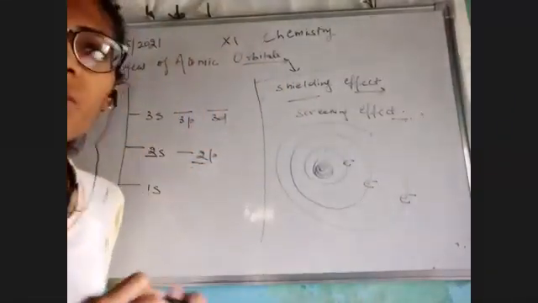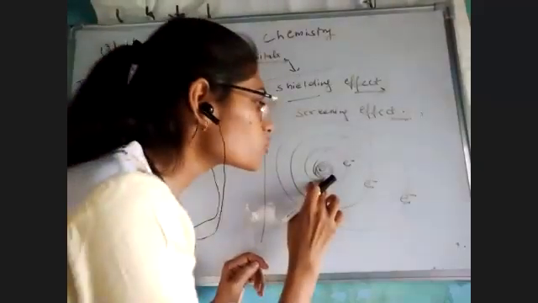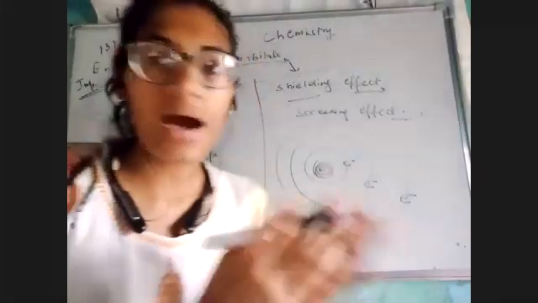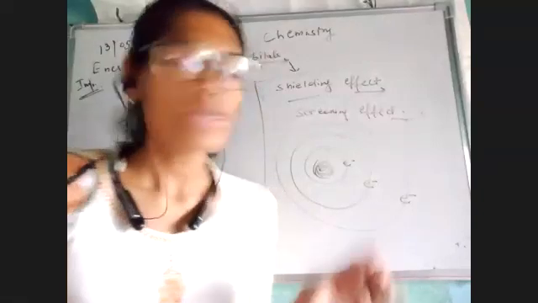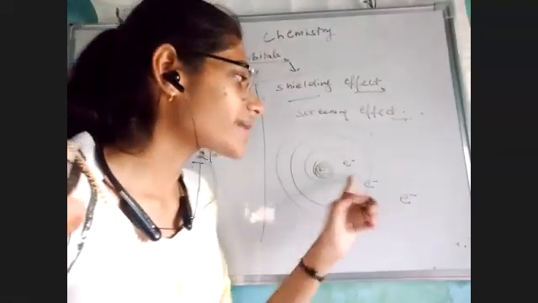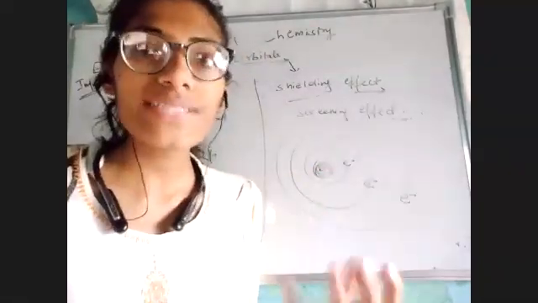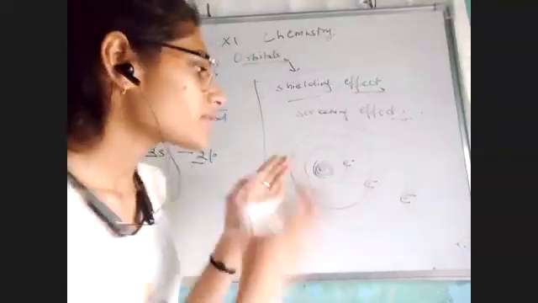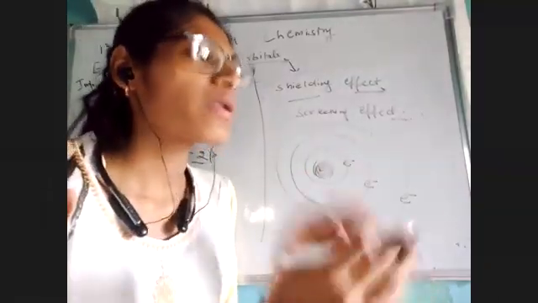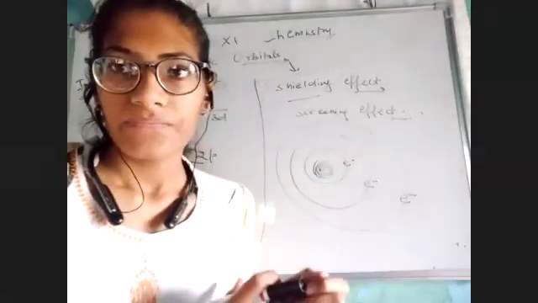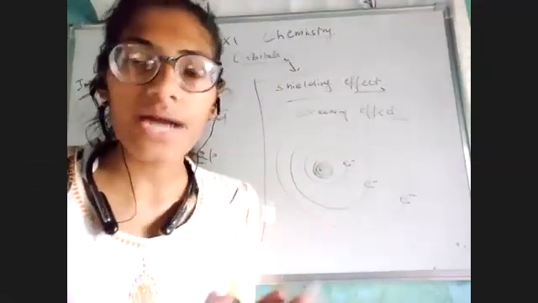Now, the point arises: the nucleus and the electron are oppositely charged. You know that very well. The nucleus is positively charged and the electron is negatively charged. So what's happening here? The nucleus and the electron attract each other. Why? Because opposite charges attract each other.